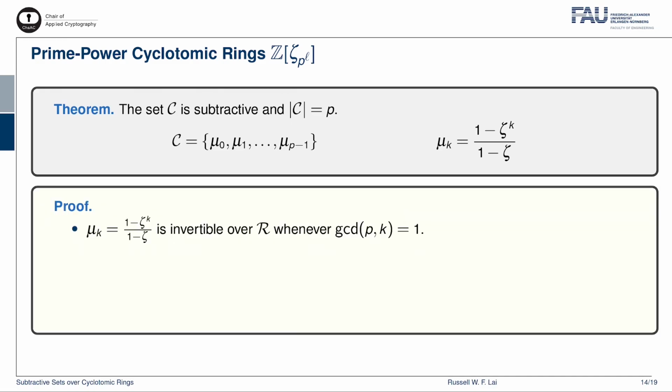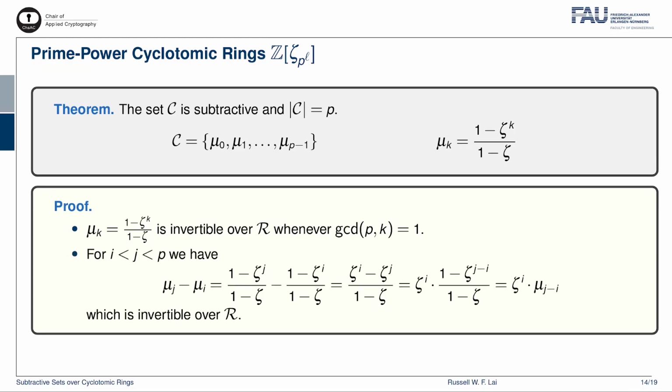To see this, let us recall that the element mu k is invertible over the ring R whenever p and k are coprime. Next, we realize that for i smaller than j, the difference between mu j and mu i can be written as theta to the power i times mu j minus i. Since both theta and mu j minus i are invertible over R, the product of them is also invertible over R.